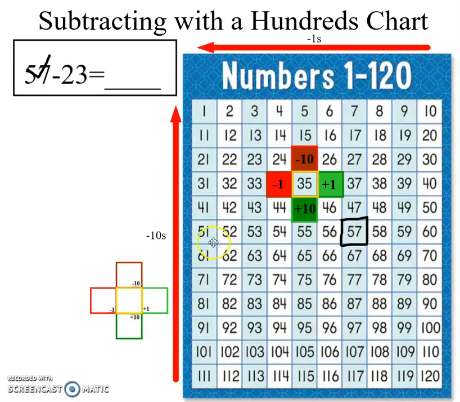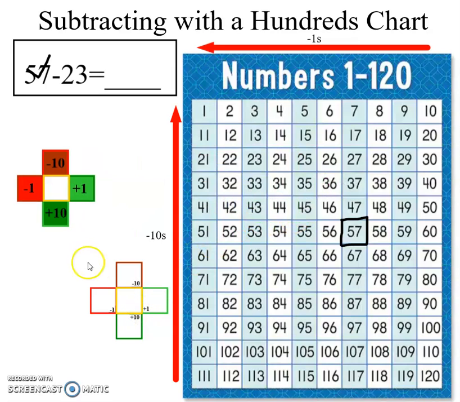So, with our number 57, we're going to subtract 23. Well, if I'm going to take away 2 groups of 10, which is the same as 20, do I need to go up, down, right, or left?